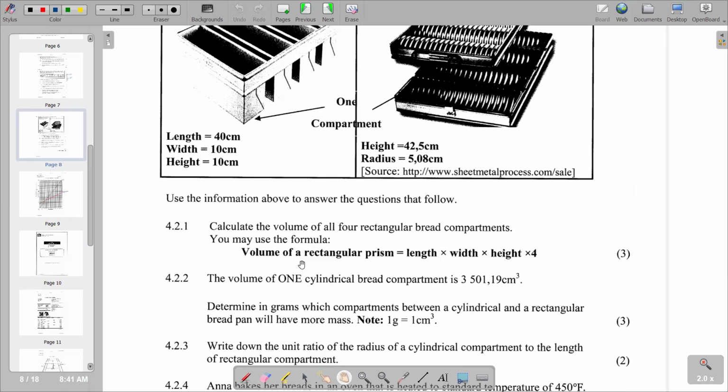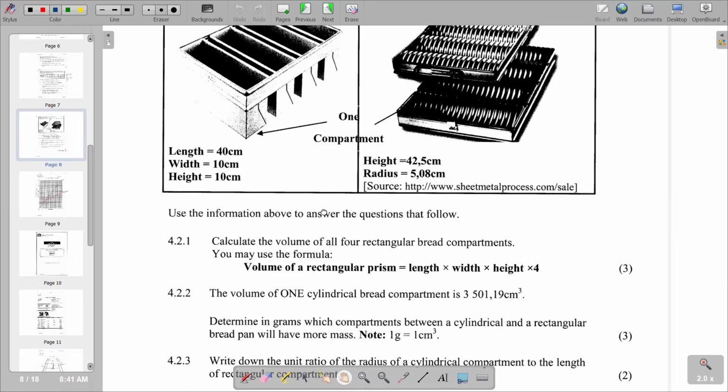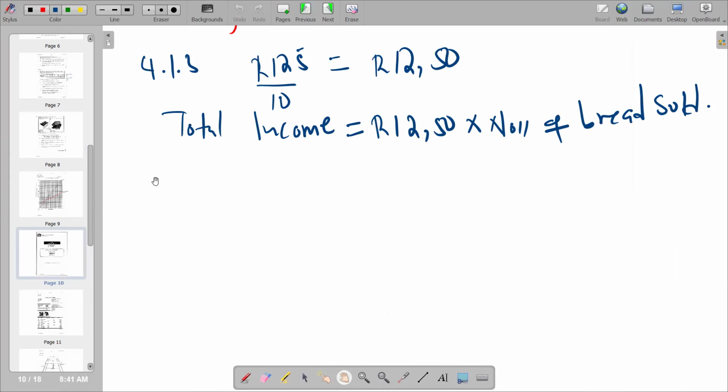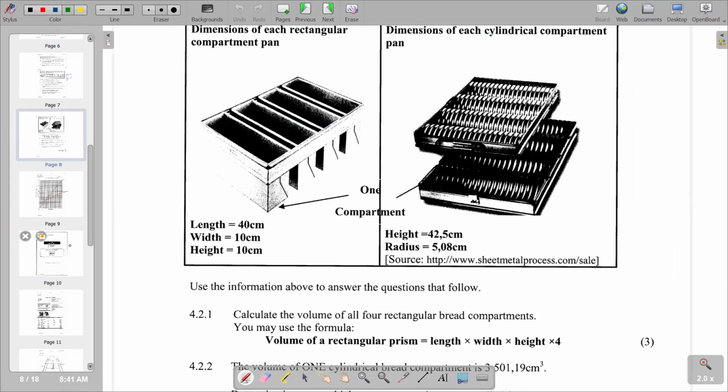You may use the formula of volume of rectangular prism, length times width times height, and then you multiply by 4. So length obviously is 40 centimeters times width 10 centimeters times height 10 centimeters. Then the answer that we get, we multiply by 4. So we just present it in such a way whereby we are saying 4.2.1, and its volume equal to 40 centimeters times 10 times 10.